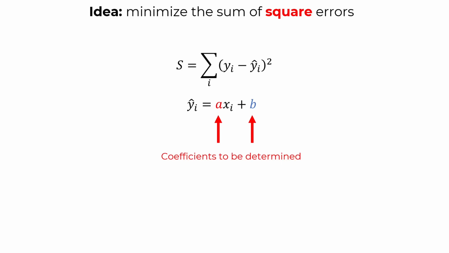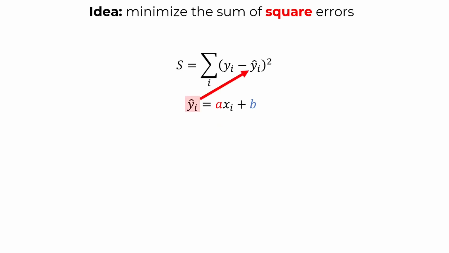Every pair of values, a and b, will correspond to a different line on the plane. Now let's recall that our goal was to find the line that minimizes the sum of the squared errors s. Our problem is, therefore, equivalent to finding the values a and b that minimize s.